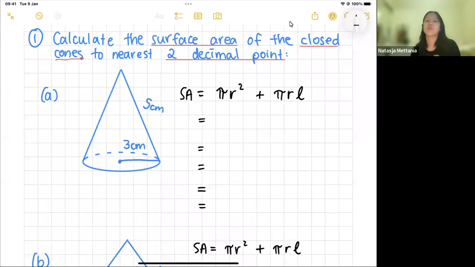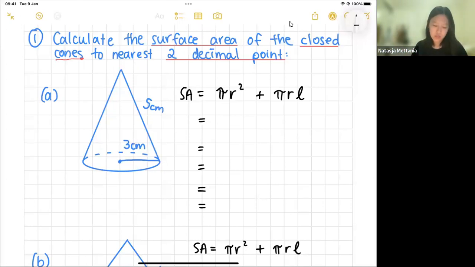I've also highlighted closed cones because some questions will ask you to find the surface area of an open cone. An open cone is basically an ice cream wafer, where the top is open and you put your ice cream. A closed cone has a circle to cover it up. In this case, it'll be a circle. And you want your answer at the very end to be in two decimal places.